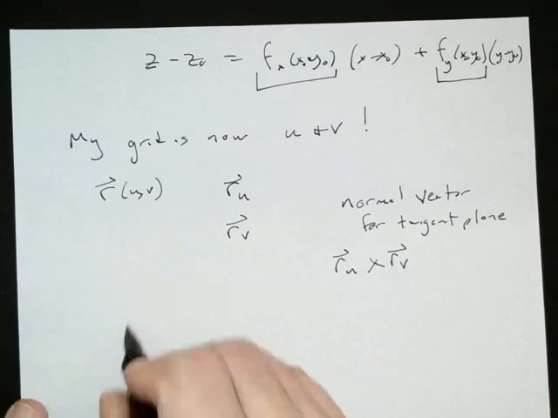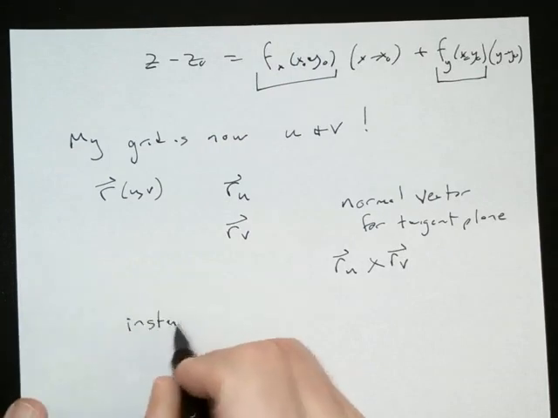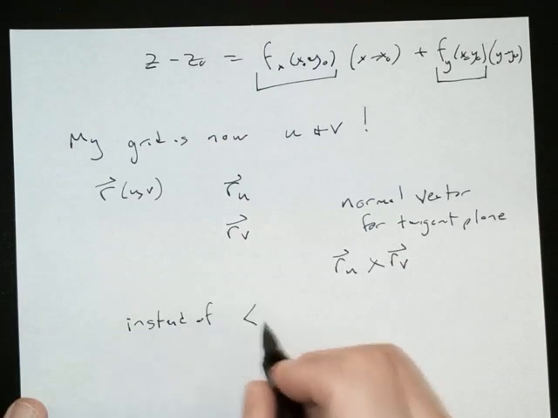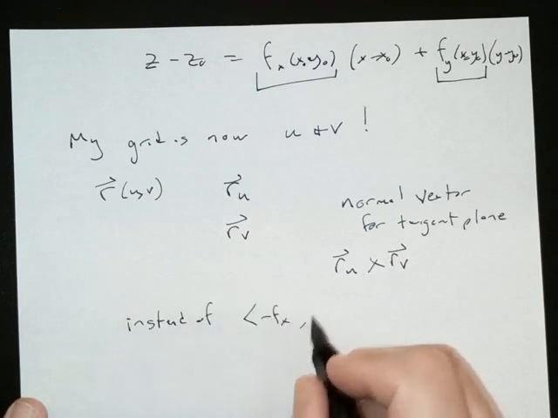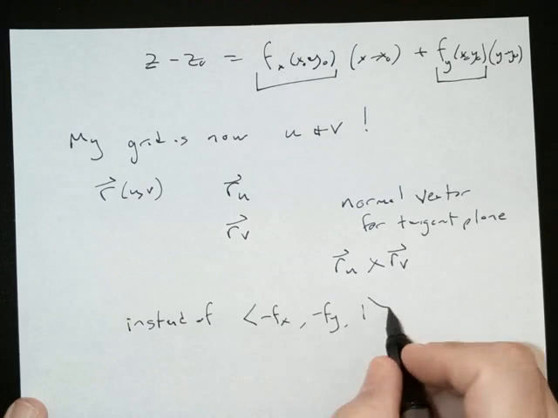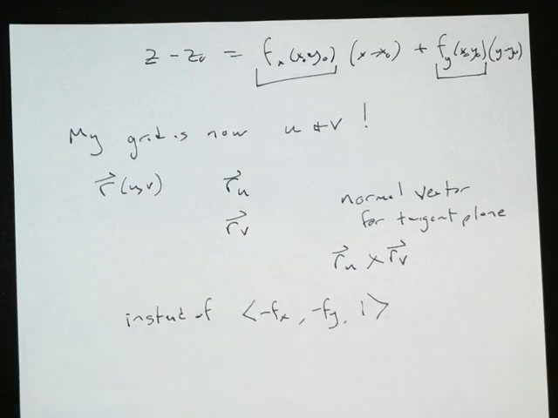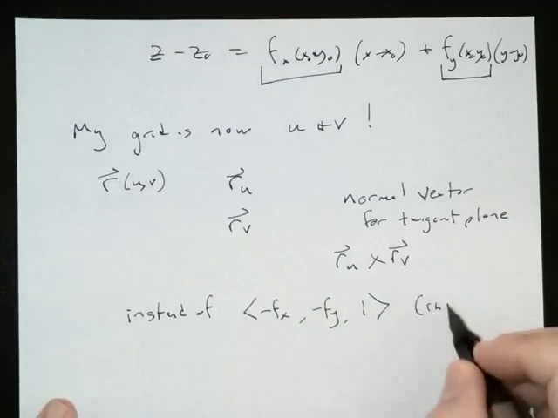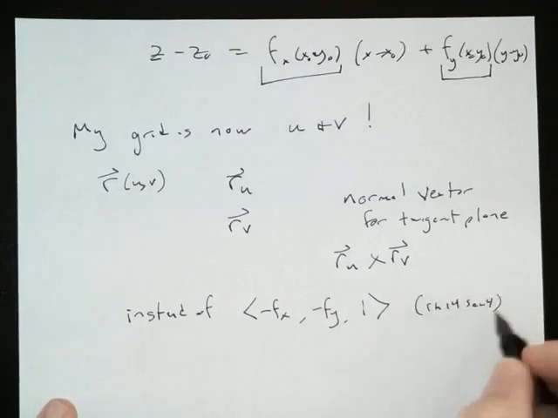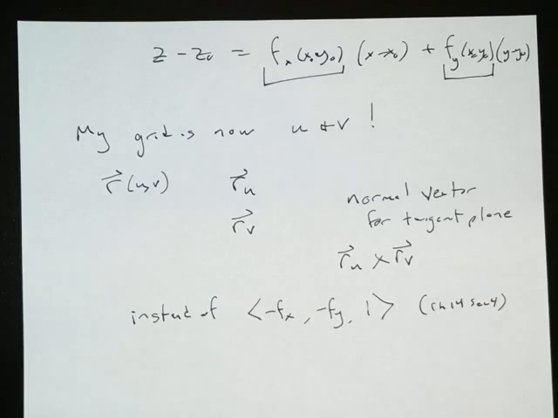Instead of minus fx, minus fy, 1. That's what we used back in chapter 14. But now I have a new grid, so I have a new tangent plane.